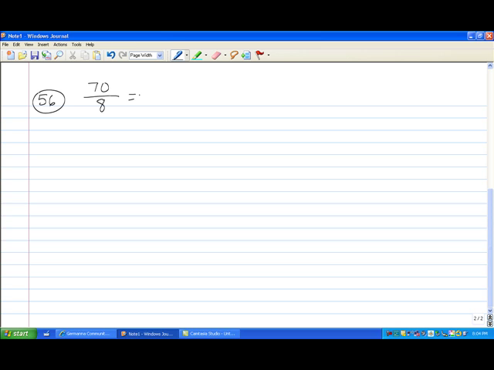So we want to take our 70, let me clear my calculator, and divide it by 8, and we don't change it to a decimal this time, and it's 8.75, so we're going to round that to the nearest whole number. It would take approximately 9 years to double.